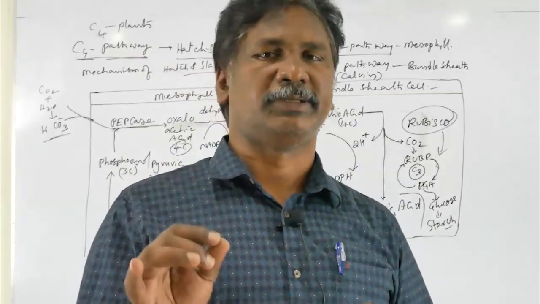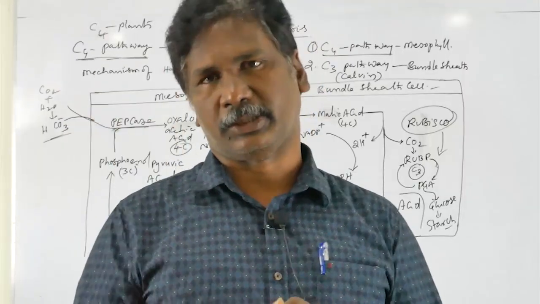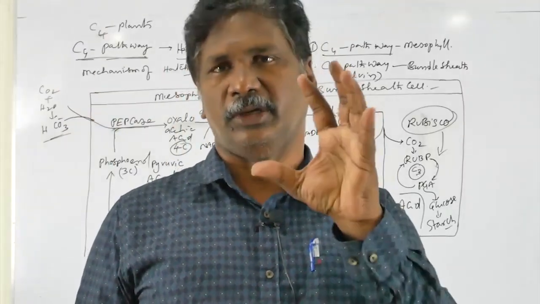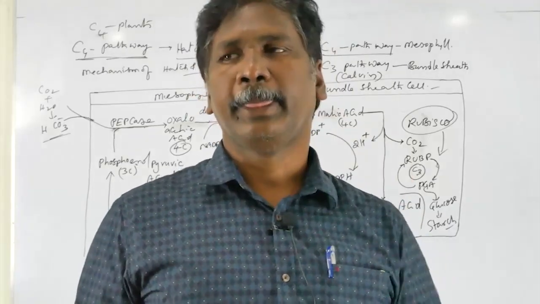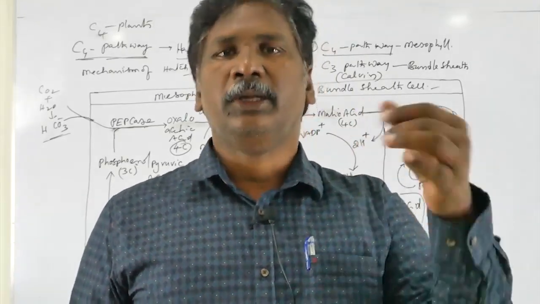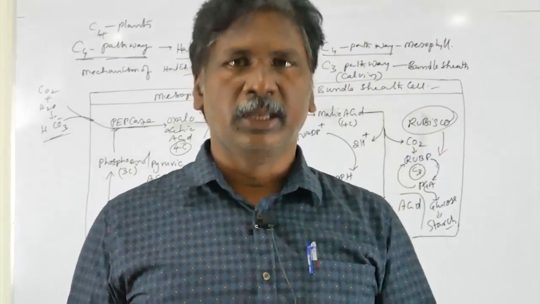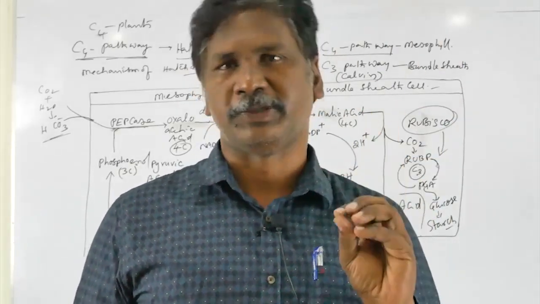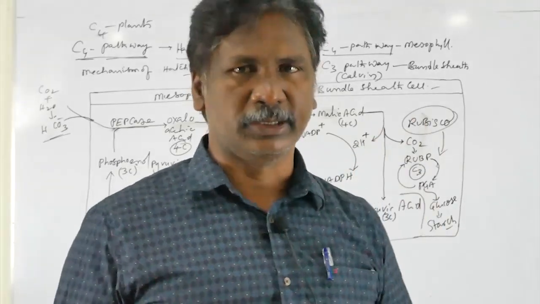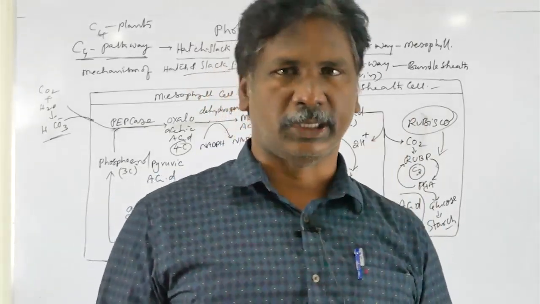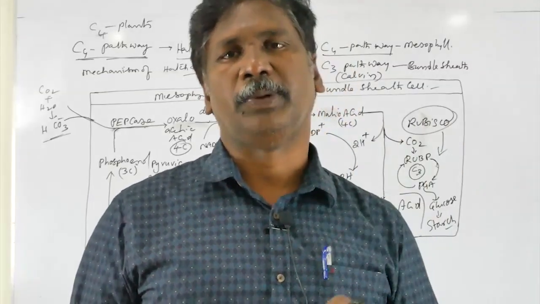In that oxidative process, they produce NADPH. Decarboxylation means loss of carbon dioxide. That carbon dioxide is accepted by RuBP, ribulose 1,5-bisphosphate, in the C3 cycle, and synthesis of the food materials takes place within the bundle sheath with the help of the C3 pathway.